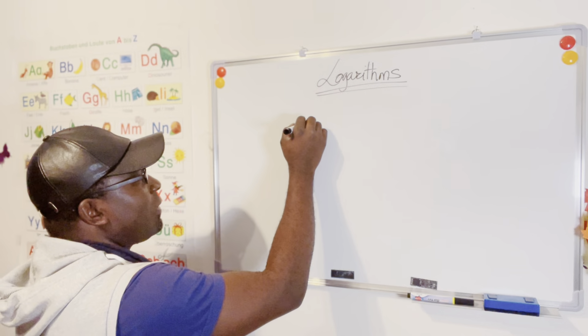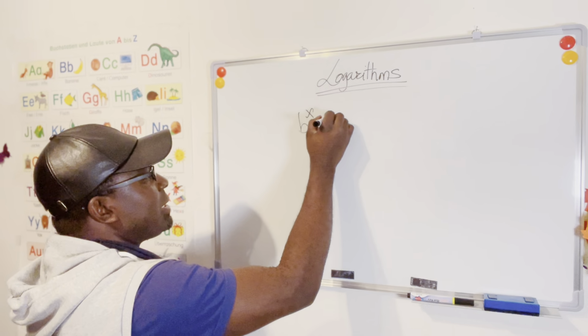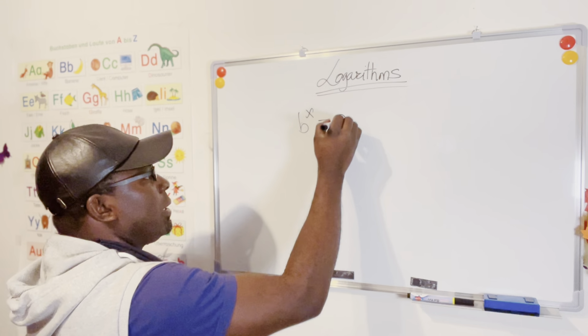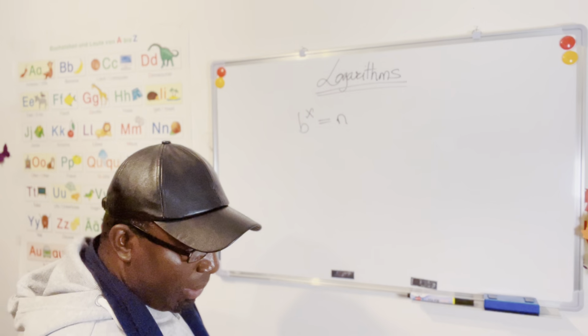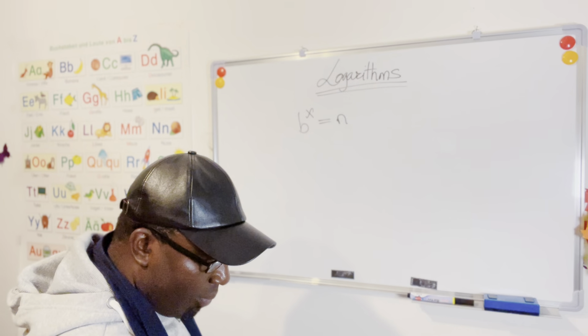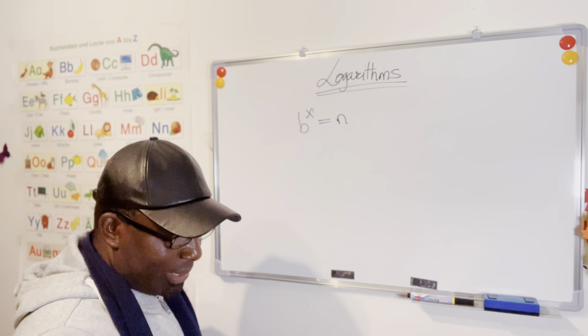Assuming we now have b to the power x is equal to n. Assuming we have something like that, b to the power x is equal to n. This can mathematically be expressed like this.